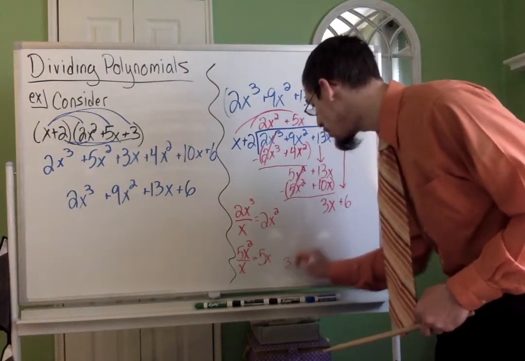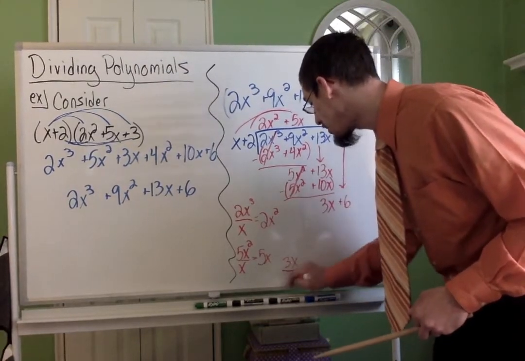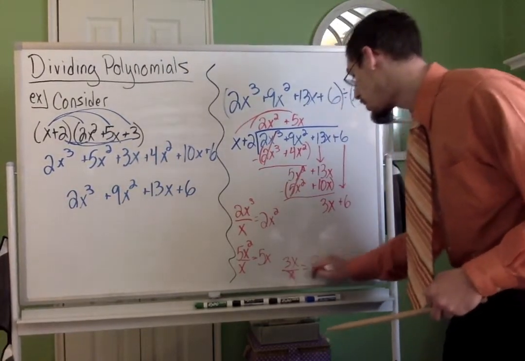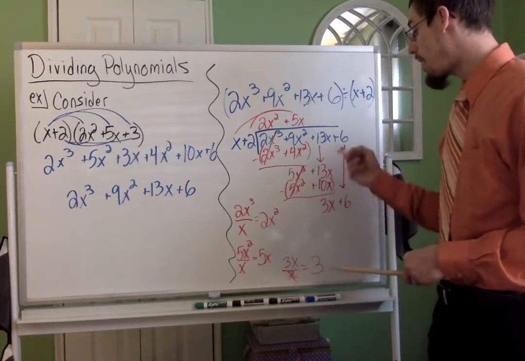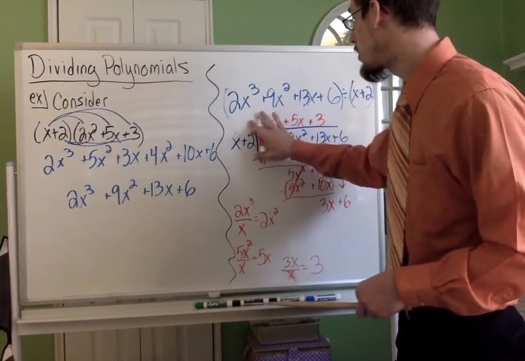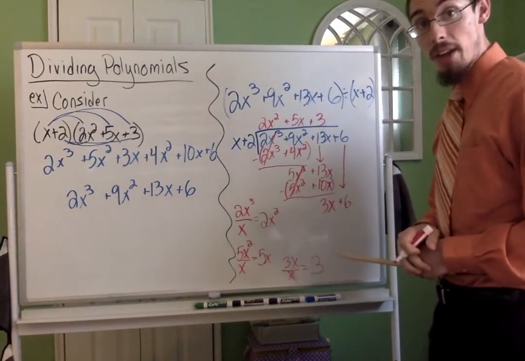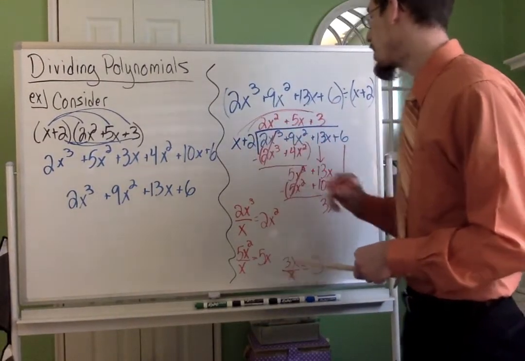So if I were to do 3x divided by x, that result is a 3. So that means I will put a plus 3 here. And one last time, I'll have to distribute the 3.